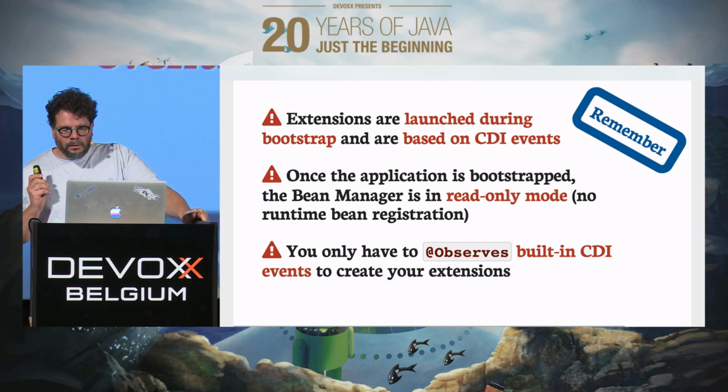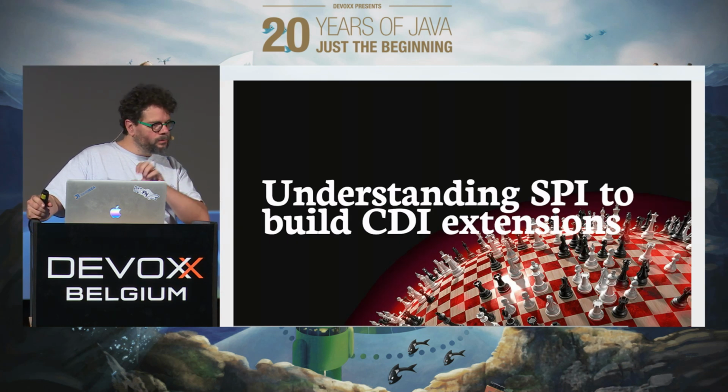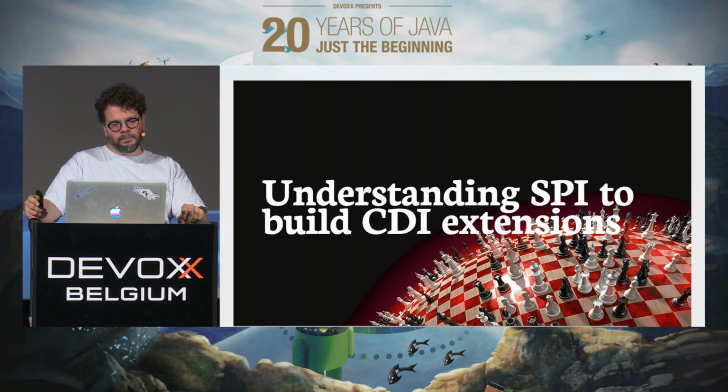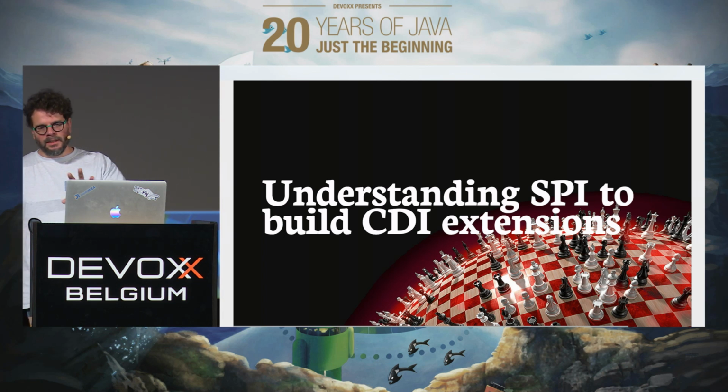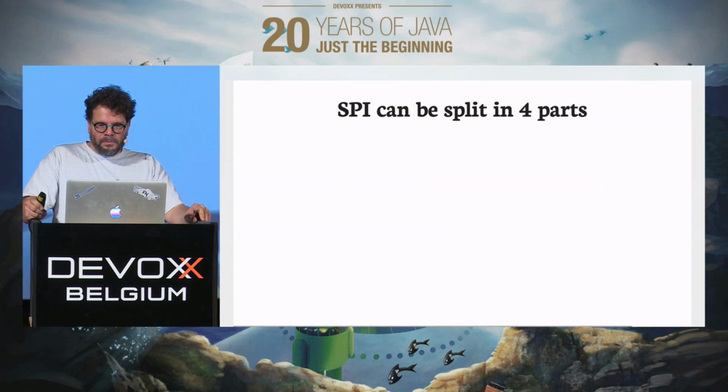The trick to have a better understanding of the extension possibilities is to have a better understanding of the SPI. I'll try to show you in a few minutes the content of the SPI. I won't go into too much detail so as not to lose you, but it's quite important to understand.